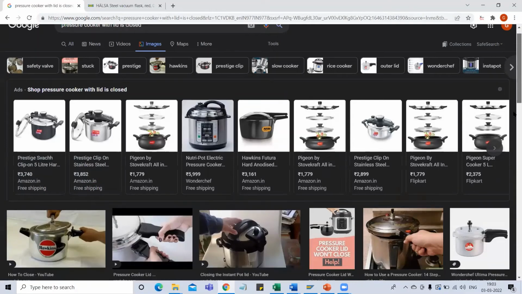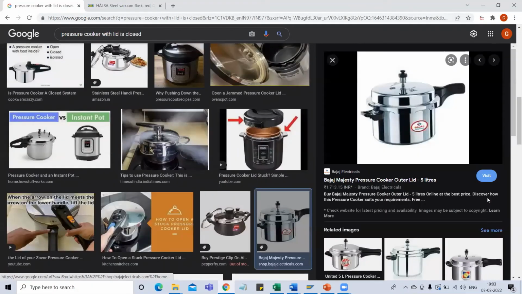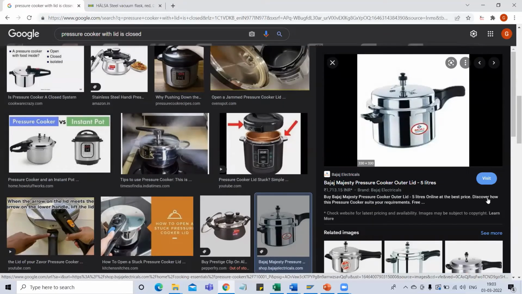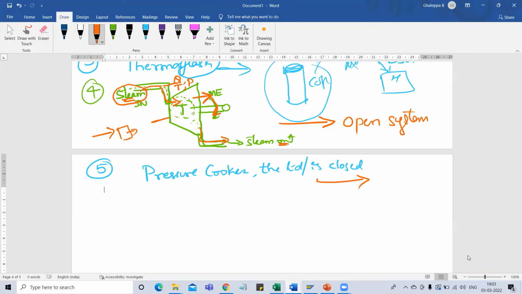Yeah, here, take this. Assume that this lid is closed. Okay, here the lid is closed. So at this condition, what is the type of system? Sir, isolated. It is closed, sir.